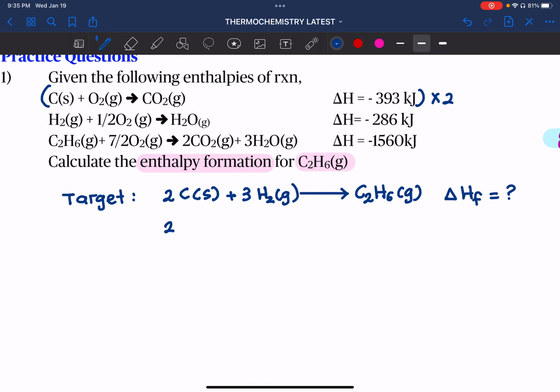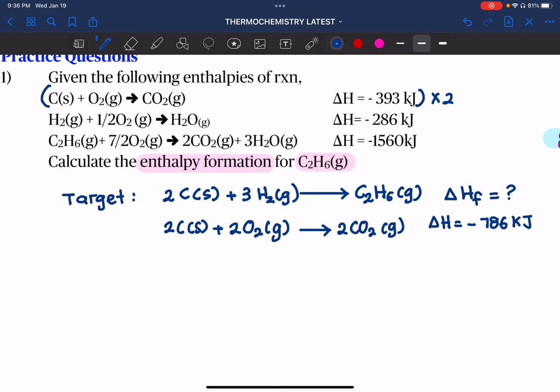So, kita tulis balik 2 carbon plus 2 oxygen. Bila kita tulis balik tu, mestilah tulis bersama-sama dengan phase dia. Okay, so enthalpy change dia sudah berubah lah sebab kita dah darab 2. So, here you should get negative 786 kilojoule.